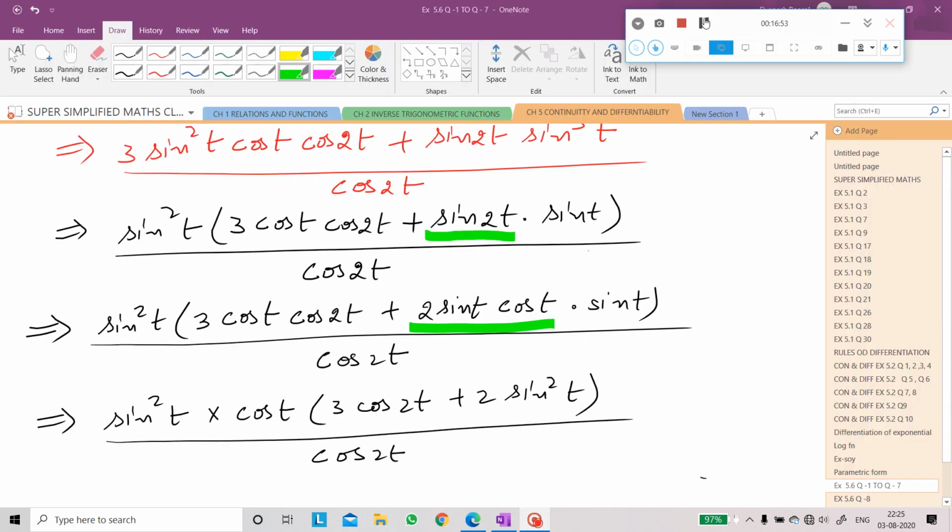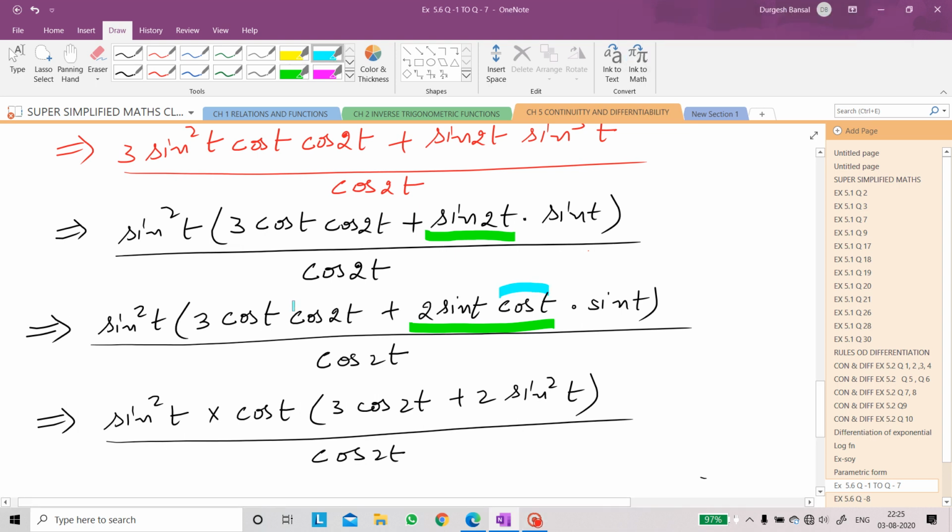Now students, here you can see that this sin 2t I have written as 2 sin t cos t in the next step, and rest all the steps have been copied. And in the next step, this cos t has been taken common and it comes out, and what we are left with, these terms 3 cos 2t plus 2 sin t into sin t, which is 2 sin square t. So we got this step.